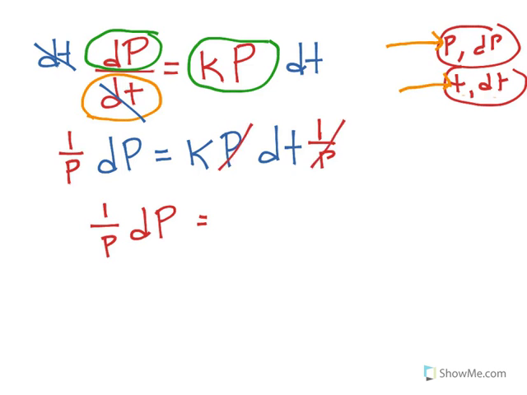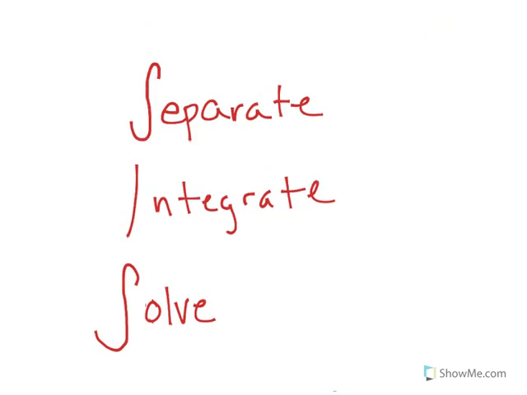I've got 1 over p dp equals k dt. I've now separated p's and dp's on one side, k's I left there, and dt's on this side. I usually put everything extraneous with the time. You don't have to, but it just makes it easier. And now I've done my separating.